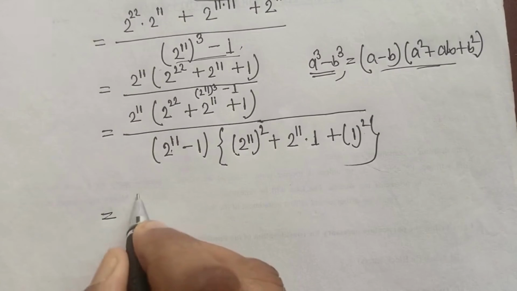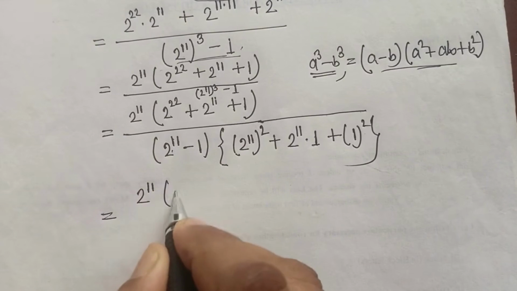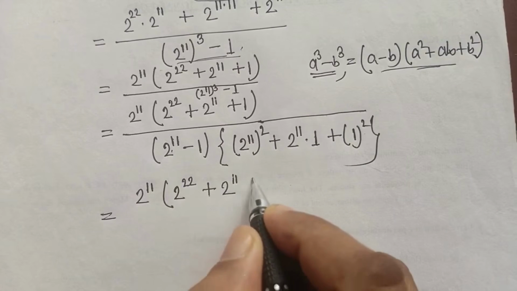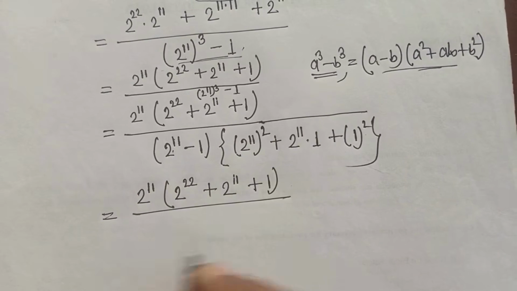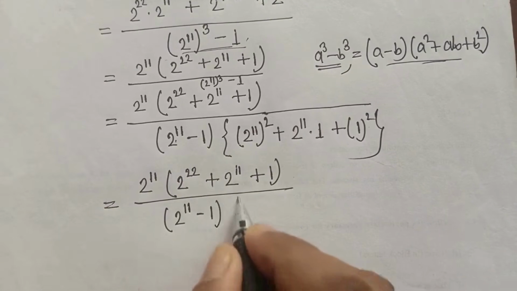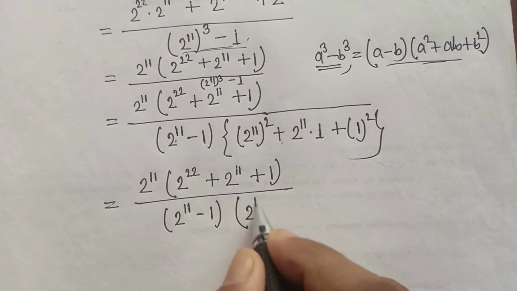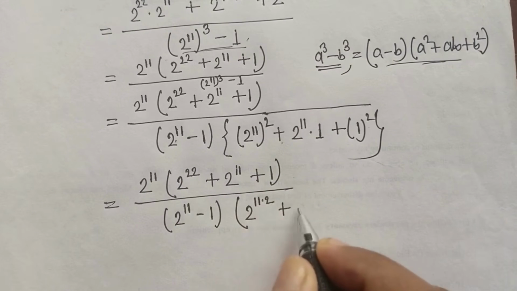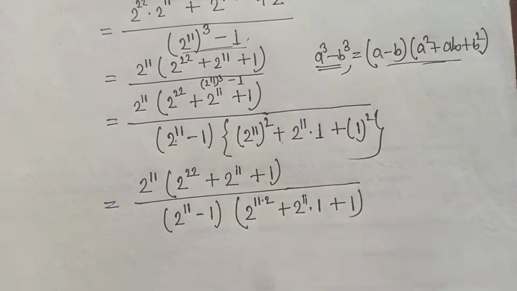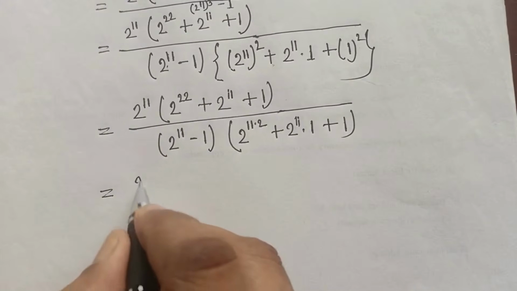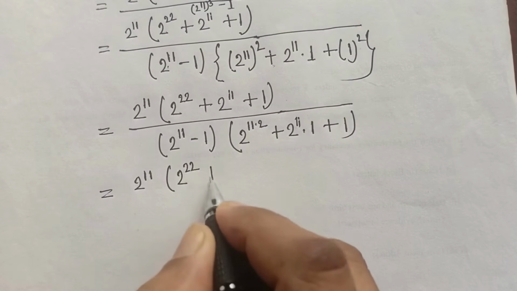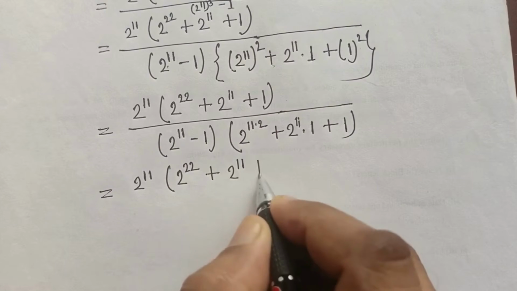So we can write the expression 2 to the power 11 into 2 to the power 22 plus 2 to the power 11 plus 1 by 2 to the power 11 minus 1, and that will be 2 to the power 11 into 2 plus 2 to the power 11 into 1 plus 1. Now we are going to simplify this more. 2 to the power 11 into 2 to the power 22 plus 2 to the power 11 plus 1.